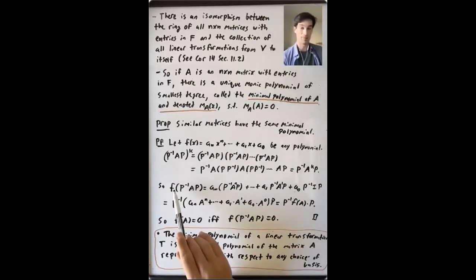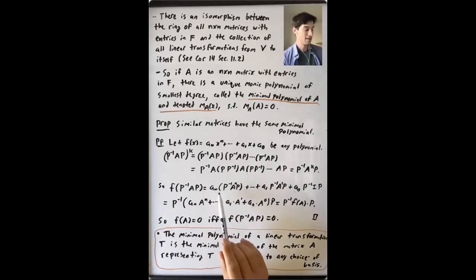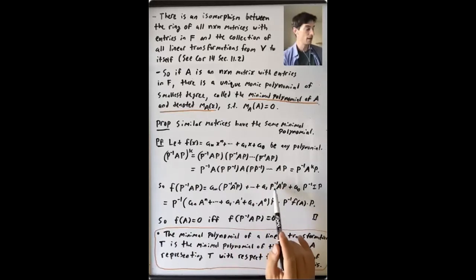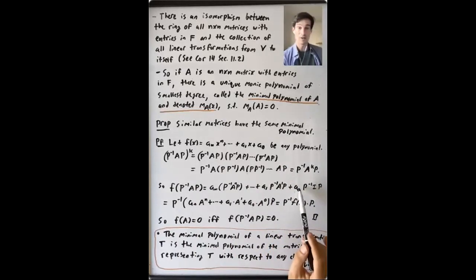So now it's easy to apply this polynomial to this matrix. You get a_n P inverse A^n P plus a_1 P inverse A^1 P plus a_0 times the identity matrix. The tricky thing is to write that last term as P inverse times I, which is A to the 0, times P. Why do we do it that way?